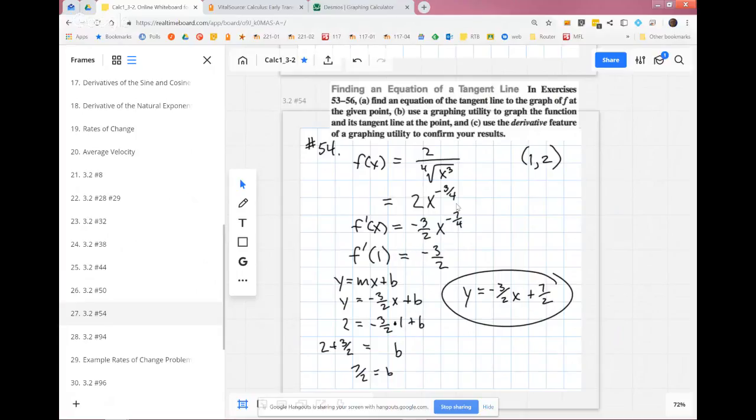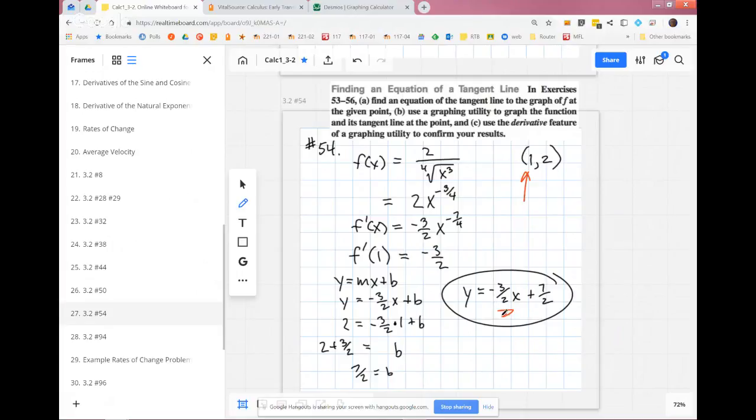Now, what's the derivative of that? Negative 3/4 times 2, negative 3/2. X reduced power by 1, negative 3/4 minus 1, negative 1 3/4, negative 7/4. And now, because we know the point, it says, what is it at 1? So now take the derivative at 1. 1 to any power is 1. So it's negative 3/2.